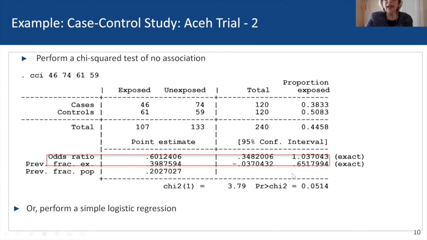And we also can look at the chi-squared statistic here. This is giving us a p-value that's a little bit bigger than 0.05. So based on our significance level of 0.05, we would fail to reject the null hypothesis and conclude there appears to be no association between death and vitamin A receipt.